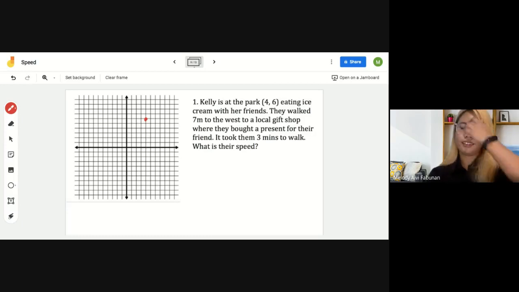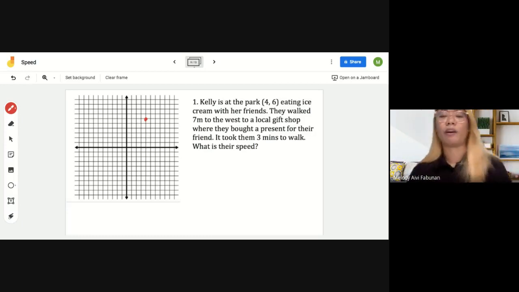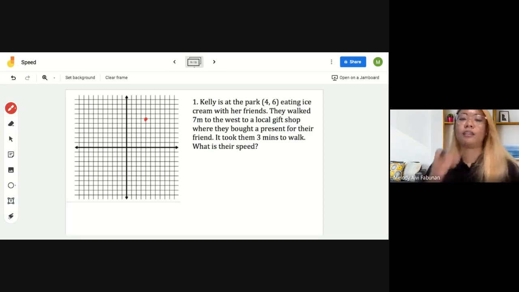Ayan, Kelly is in the park and this is where the park is located. And Kelly is with her friends eating ice cream in the park. From the park, they walk 7 meters to the west. So from here, 7 meters to the west. 1, 2, 3, 4, 5, 6, 7. Oops. So this is the next location.